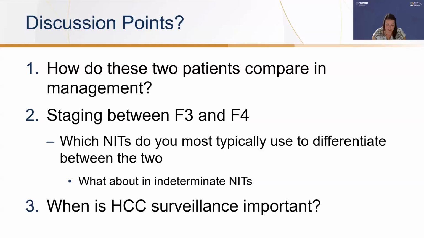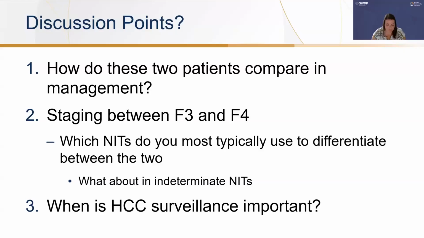So do their labs indicate advanced cirrhosis or portal hypertension, such as that low platelet, the elevated bilirubin, the elevated INR, or do the labs look more like our first patient where they have normal platelets, normal bilirubin, normal INR, and they're not looking so much like they're in that cirrhosis category. So you have to look at the whole picture, but if you have NITs that are indeterminate or two tests that are giving you a different fibrosis stage, you do want to at least think about whether you want to biopsy that patient to get some clarification.